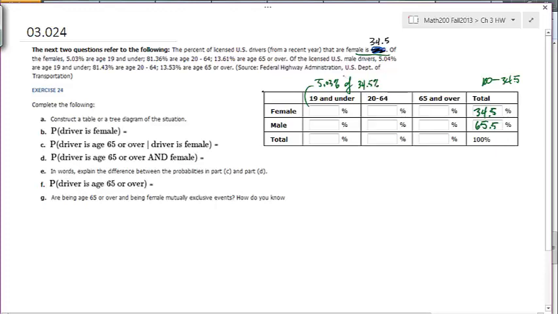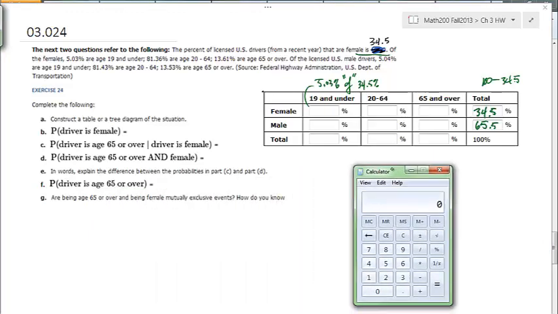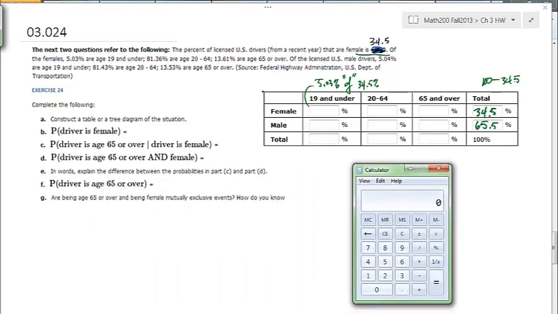So if you remember, the word "of" in a lot of cases becomes a multiplication. So we're going to need to multiply these two percentages. And for me, I'd like to just multiply them as if they were decimals. So that's 0.0503, and then we want to multiply times 0.345, and then I'm going to get 0.0173.